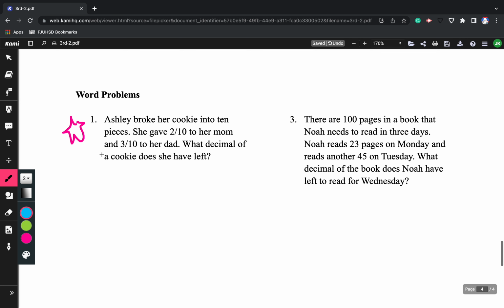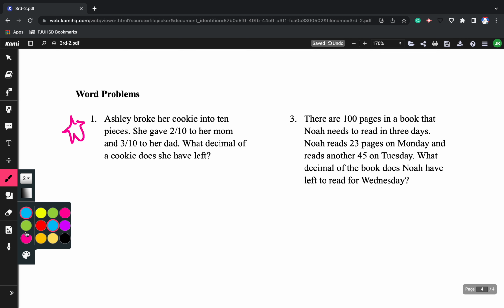Lastly, we're going to do a word problem. Ashley broke her cookie into 10 pieces. She gives 2/10 to her mom and 3/10 to her dad. What is the decimal of the cookie that she has left? So she starts out with 10 pieces.